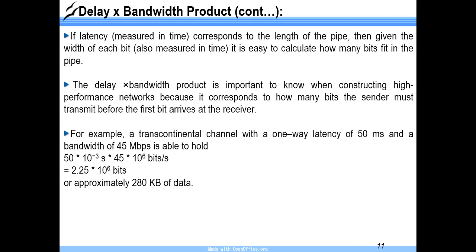The bits in the pipe are in transit, which means that if the receiver tells the sender to stop transmitting, the sender would nevertheless still send up to one RTT times bandwidth of data, because the receiver's message does not arrive before one RTT.